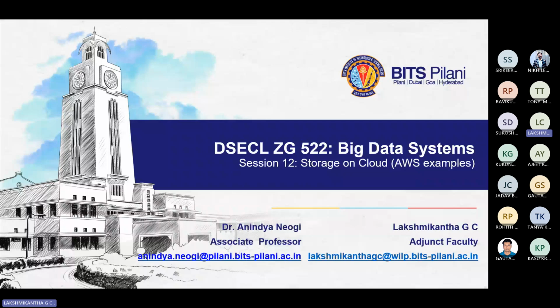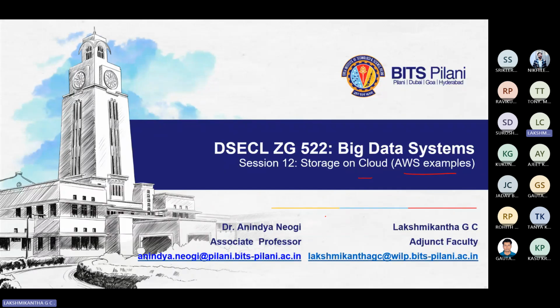Storage on cloud. The sheer volume and variety of big data means your choice of storage is arguably the most critical decision in your architecture, right? Guys, today we are looking at storage on cloud, and we will discuss this using AWS example. Now you can ask me, why AWS?